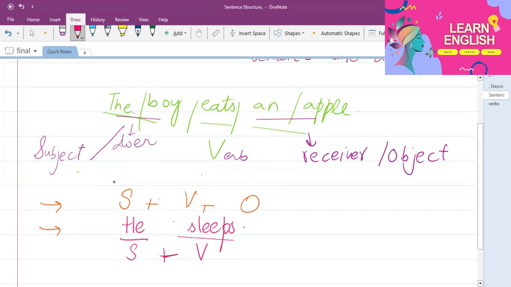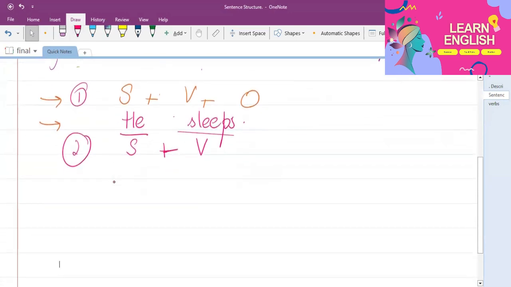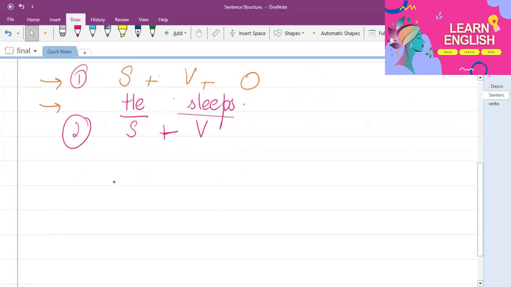Hence, the sentence structure over here changed, which is subject plus verb. So, we do not need an object over here to complete the sentence. So we are discussing different types of sentence structures over here. So one is in which there is an object which is required after the verb. One is where there is no object after the verb. Subject and verb have completed the sentence.